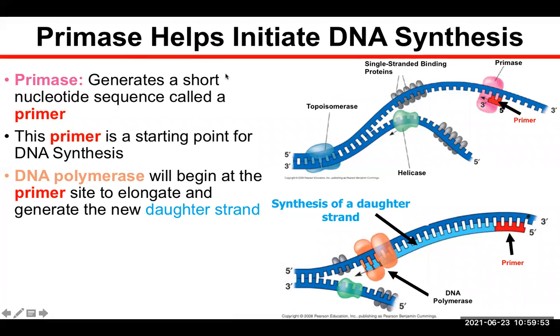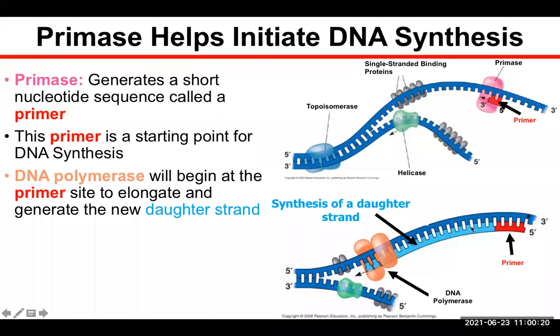So if we look at how DNA polymerase functions, notice how this newly synthesized strand, the daughter strand, is from the 5' to 3' direction. So this enzyme right here is adding on nucleotides in the 5' to 3' direction, okay? So that's how it moves.